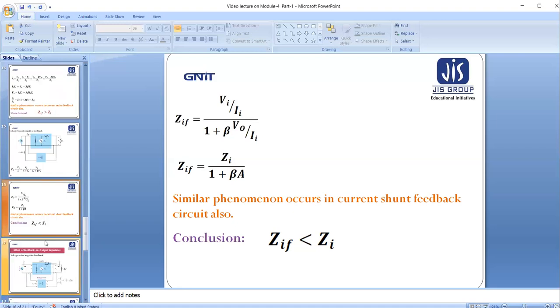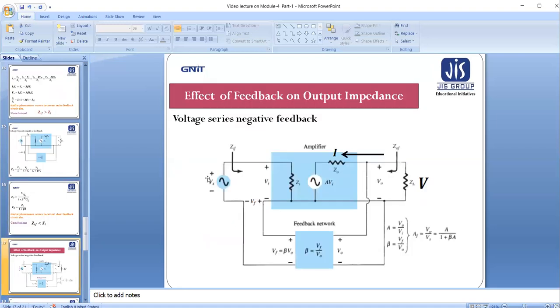Next, we will deduce the effect of feedback on output impedance. This is a voltage series feedback. Now, output means this first term, it's a voltage. So when we are dealing with the output impedance, for the voltage series and the voltage shunt topologies, the derivation will be the same.